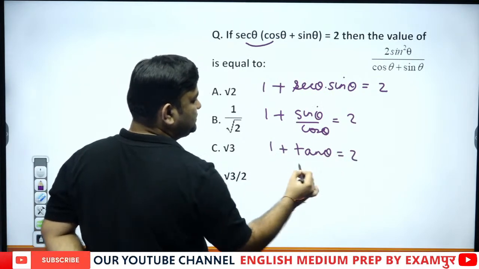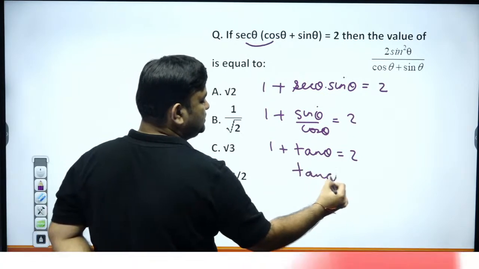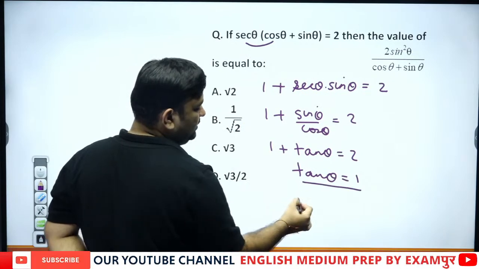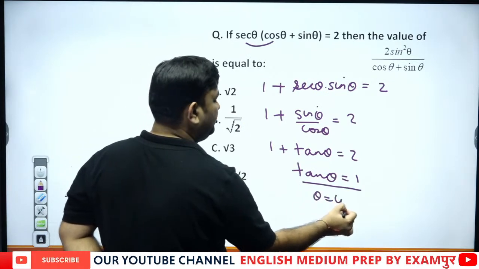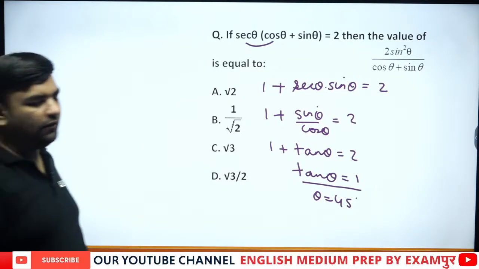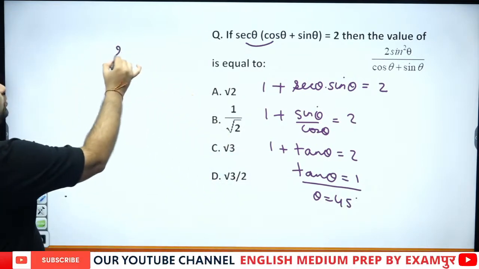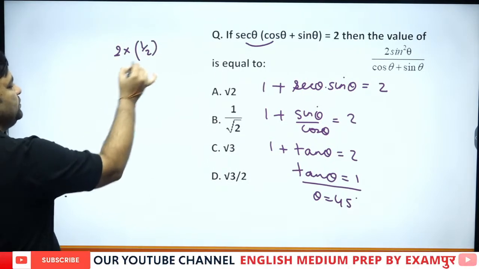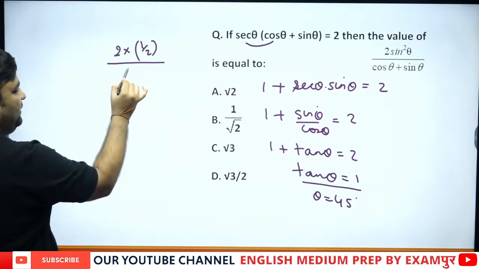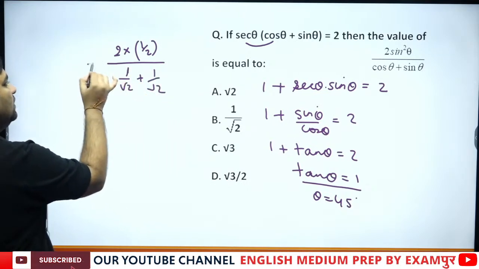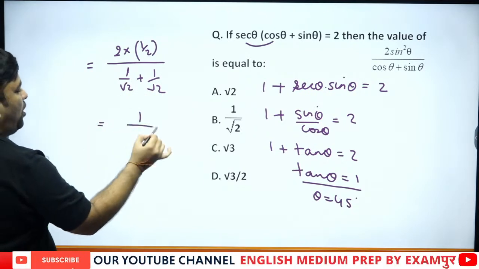So tan theta is 1, which means theta is equal to 45. Sine 45 is 1 by root 2, and the square of 1 by root 2 is 1 by 2. Cos 45 is 1 by root 2. Sine 45 is 1 by root 2. So 1 upon 2 by root 2.